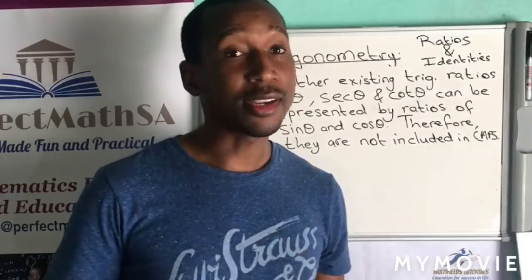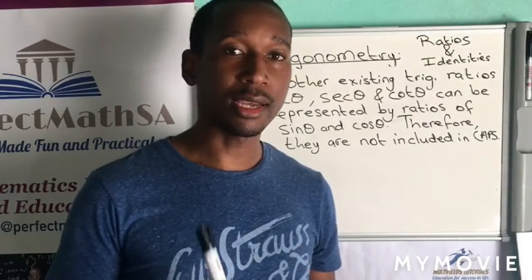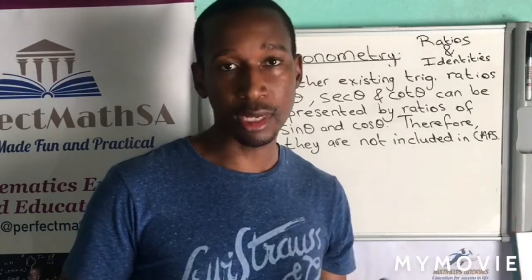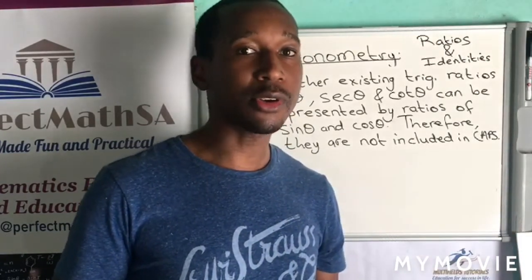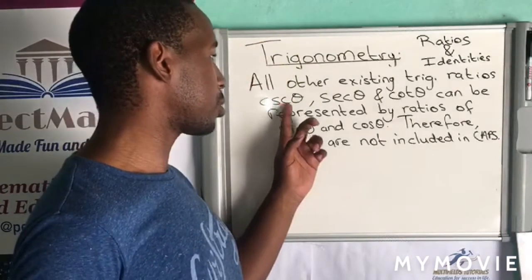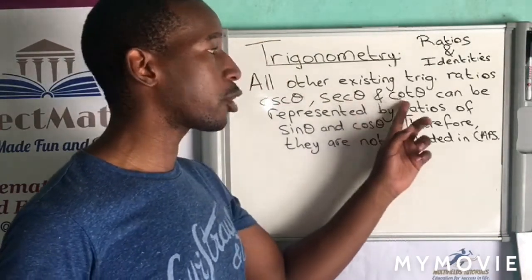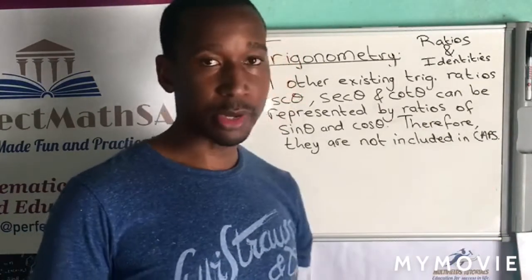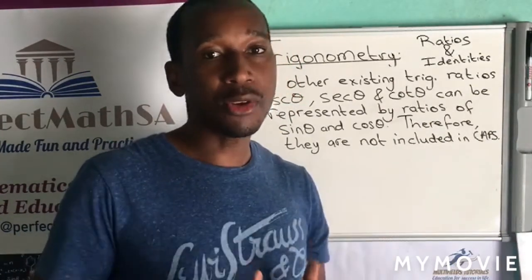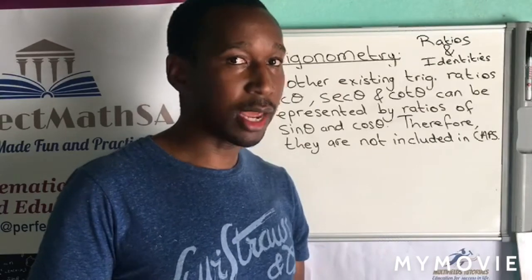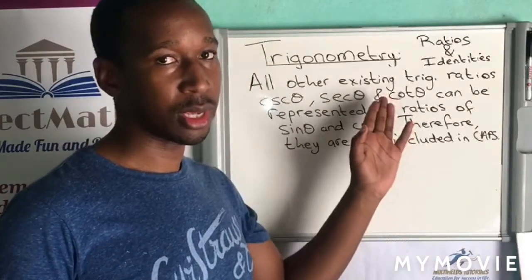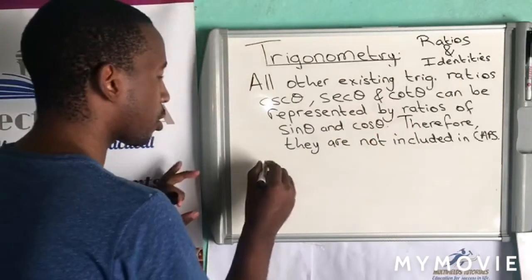Okay, at this point it is very important for me to note that for those of you who use various materials to study, especially outdated materials, you might come across trigonometric ratios such as cosec theta, sec theta, and cot theta. Don't be shocked. They are not included in the CAPS material because they are not essential to our mathematics. We can actually use sine theta and cosine theta to represent these ratios. Let me give you a quick example.